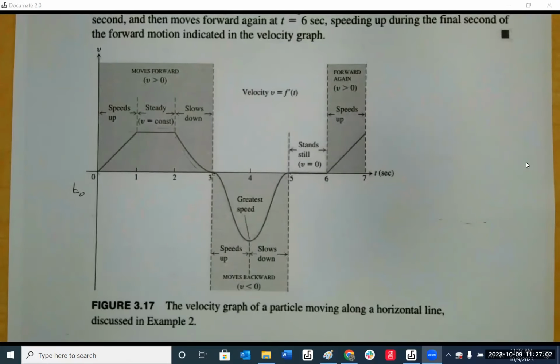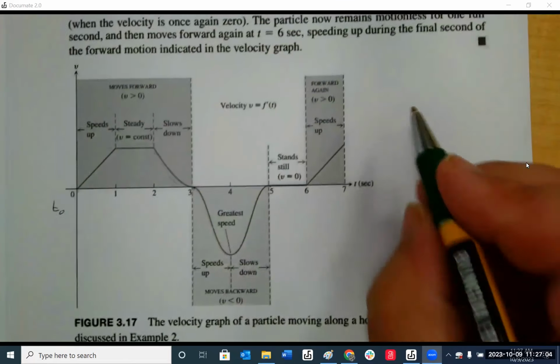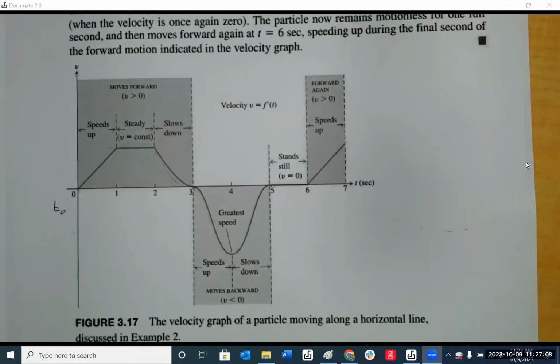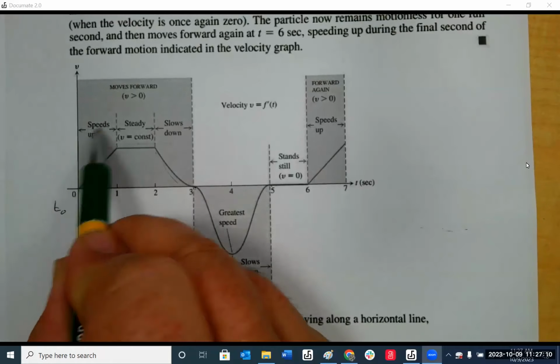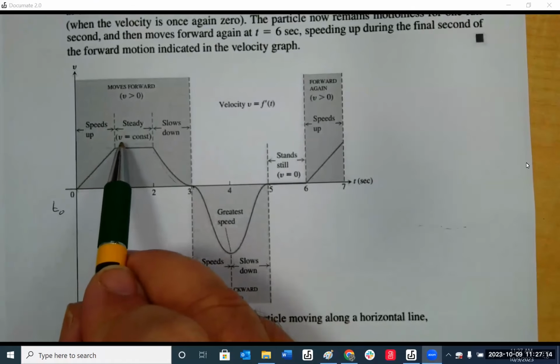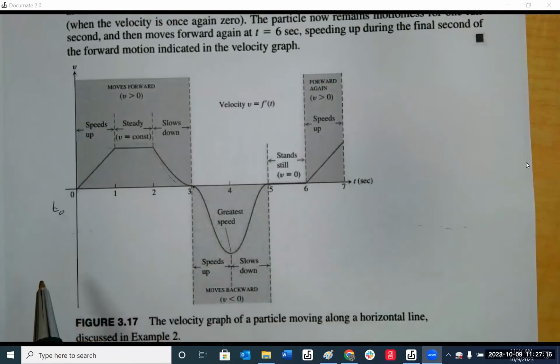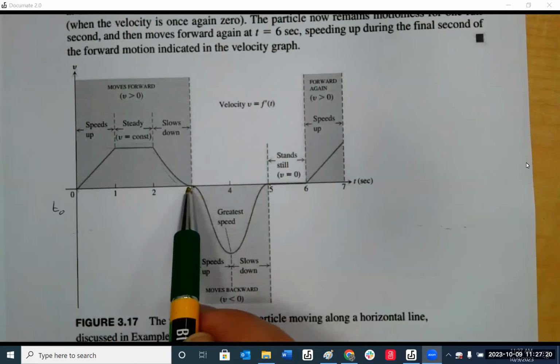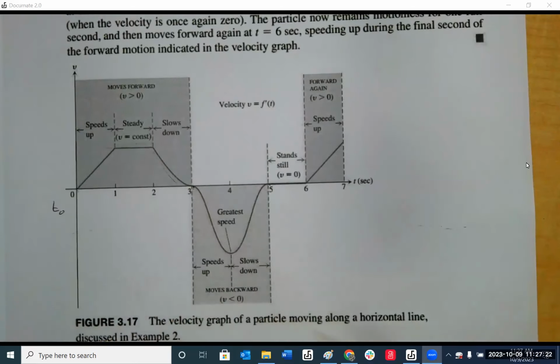So what does that show us? This is the velocity of a particle or an object moving. As we speed up, the velocity increases. As the speed stays constant, velocity doesn't move. As we slow down, the velocity decreases. Velocity is going backwards. But remember, speed is an absolute value.